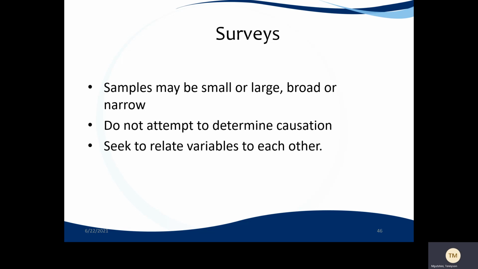But what they can do is give you a sense of whether there's an apparent relationship between variables by asking people whether they think A led them to do this. But the perception of a relationship is not the same as confirmation of causation. And I think that is clear.